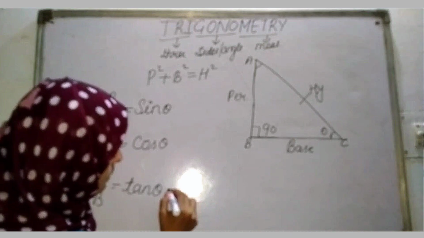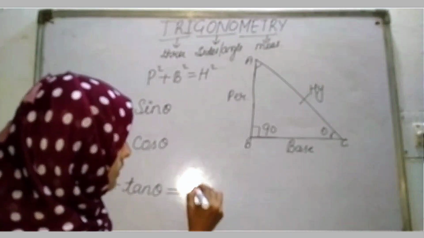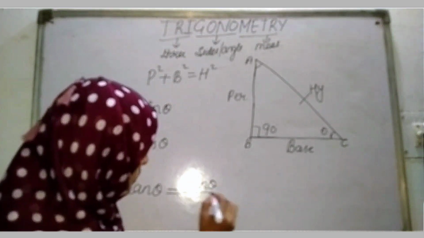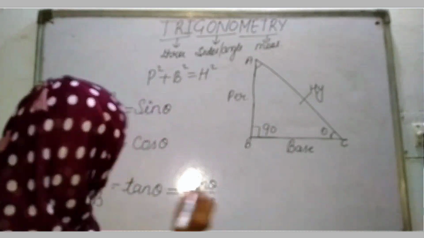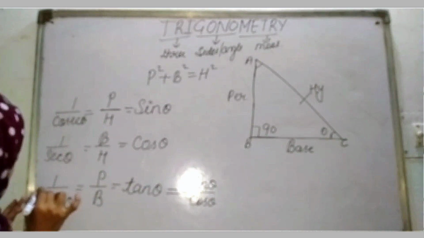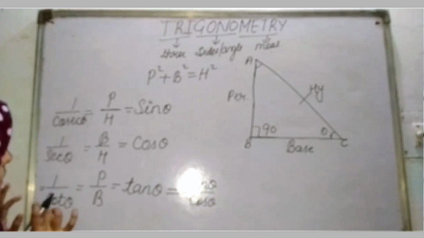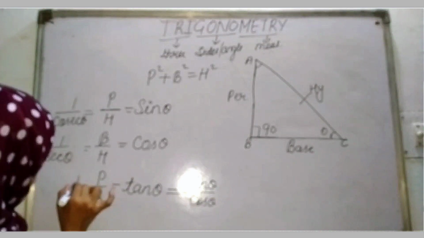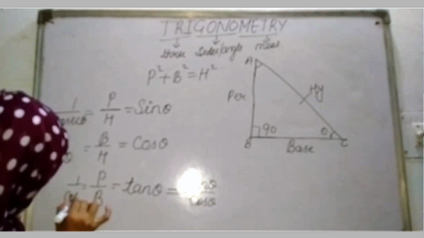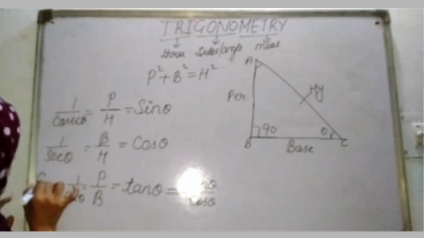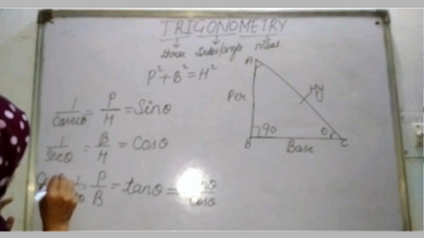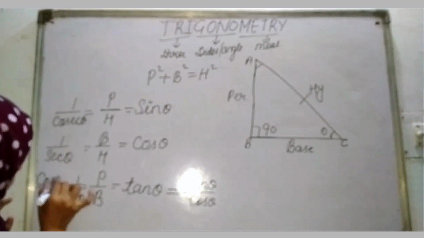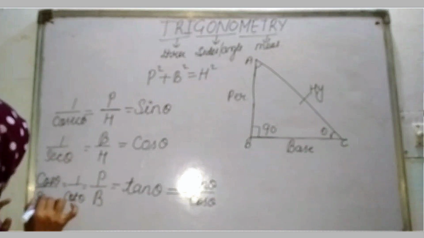And tan theta is also written as sin theta upon cos theta, and cot theta is also written as cos theta upon sin theta. So 1 upon cot theta is equal to sin theta upon cos theta.